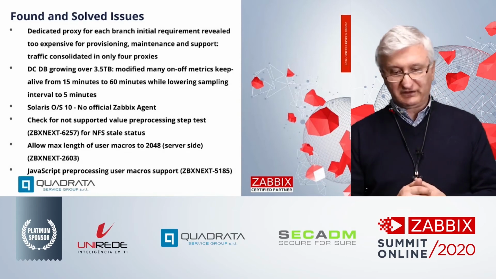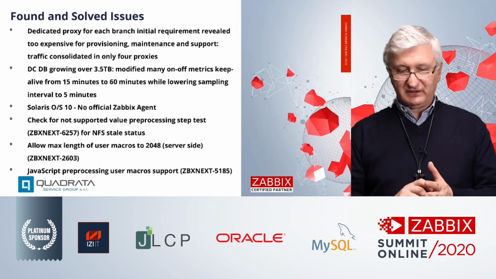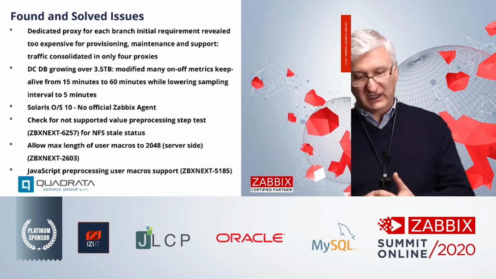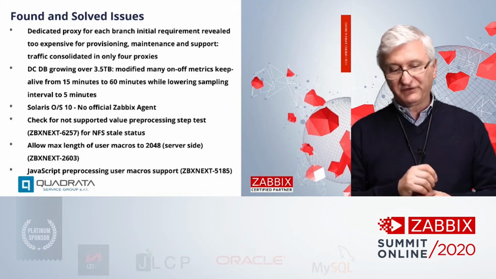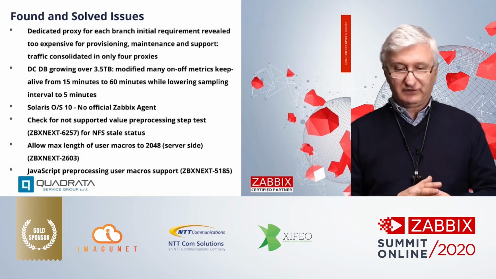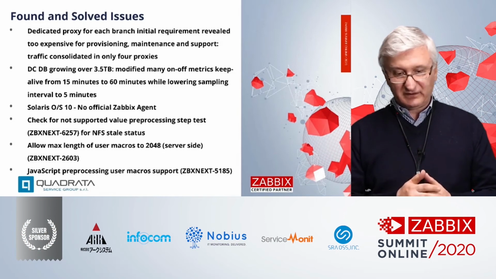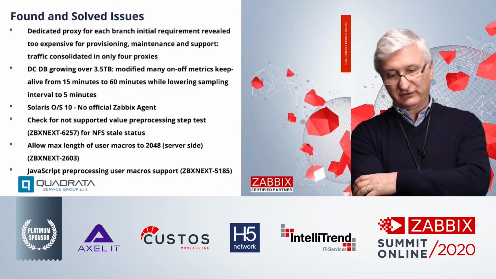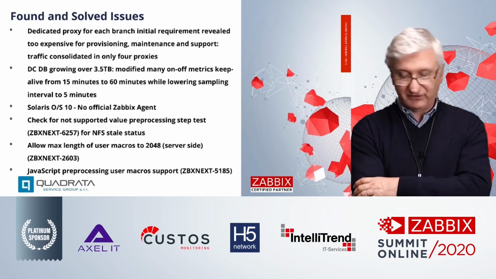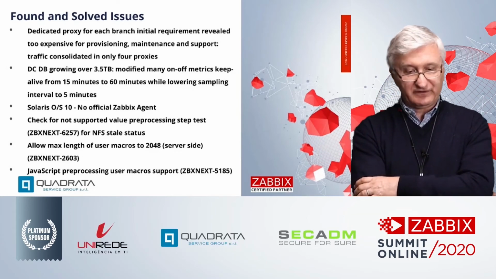It was sufficient in this particular case to increase the keep alive from 15 minutes to 1 hour, 60 minutes, and even lower the sample interval to only 5 minutes. So in this case, we were able to shrink the database, and the database today is less than 3 terabytes for the data center. The database for the branches is small compared to this.